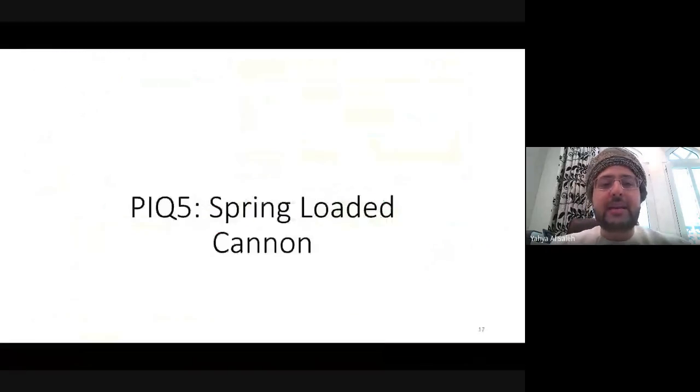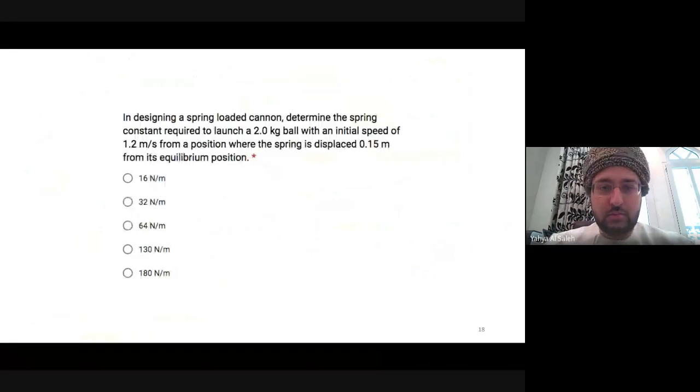In designing a spring-loaded cannon, determine the spring constant required to launch a 2-kilogram ball with an initial speed of 1.2 meters per second from a position where the spring is displaced 0.15 meters from its equilibrium position.